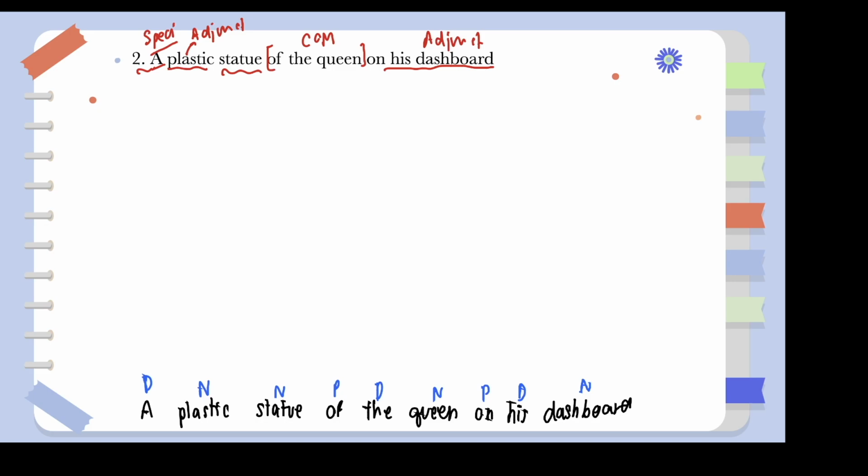So let's get started with our complement, of the queen, first. So of the queen, N here we have N bar, and then in this N bar we can end it with NP since nothing modifies the queen anymore.